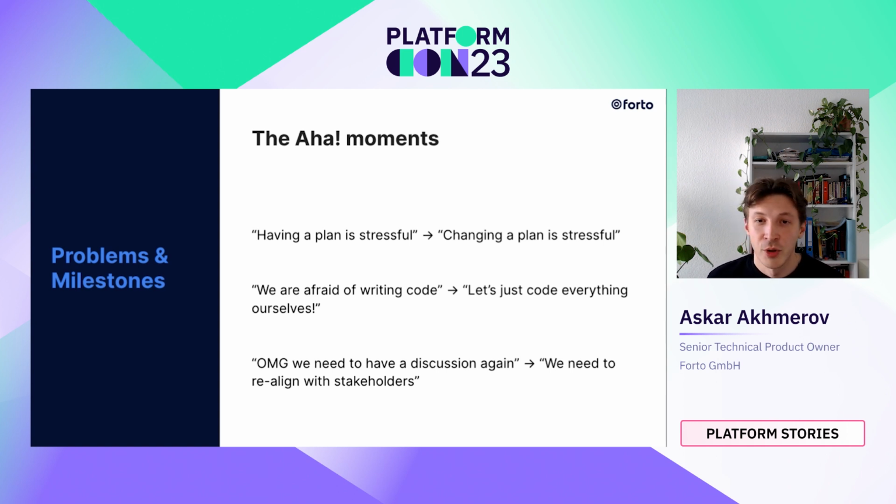But the first indication of success here was, for me at least, the time when the team went from the statements of, oh, this is so frustrating to have a plan and put so much effort into the planning process, to the point of time when they started saying, why are we changing the plan? This is just bringing too much stress. We have already performed all of the planning, let's just stick to it.